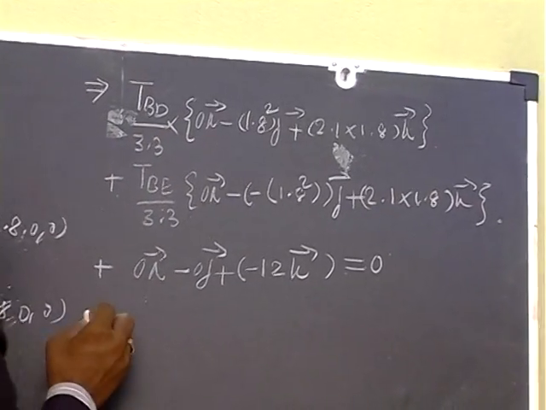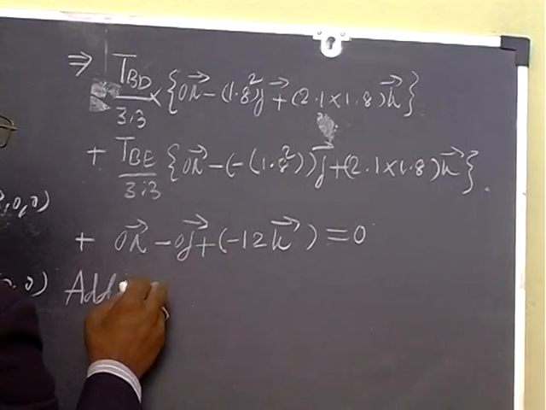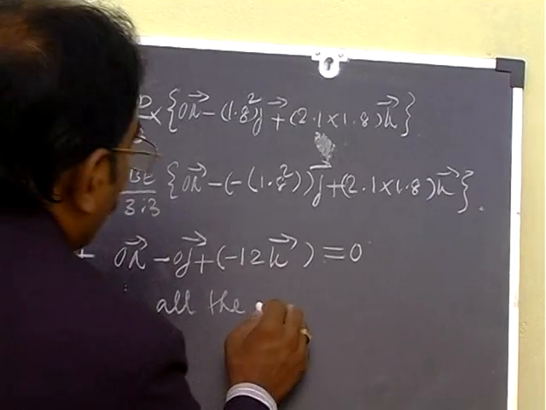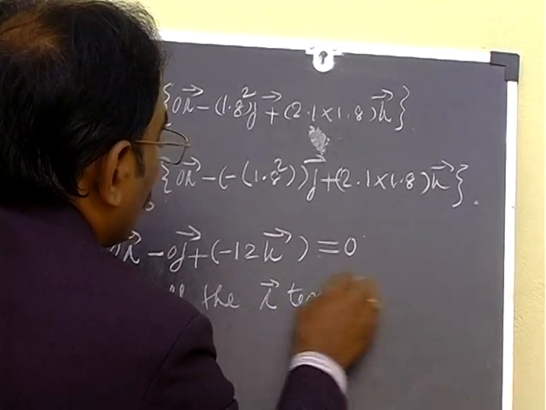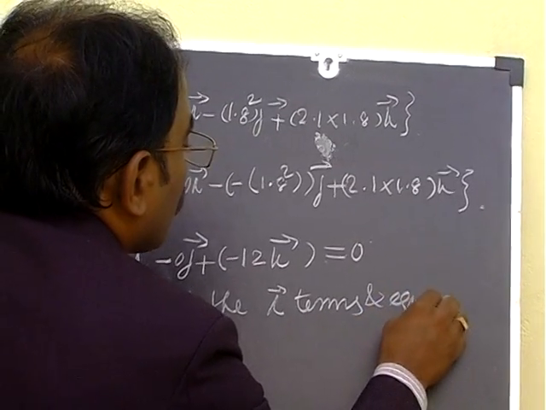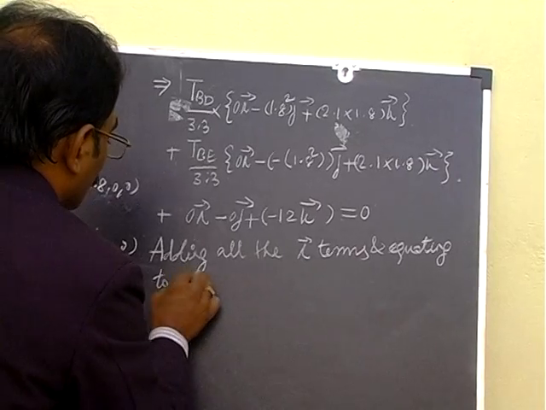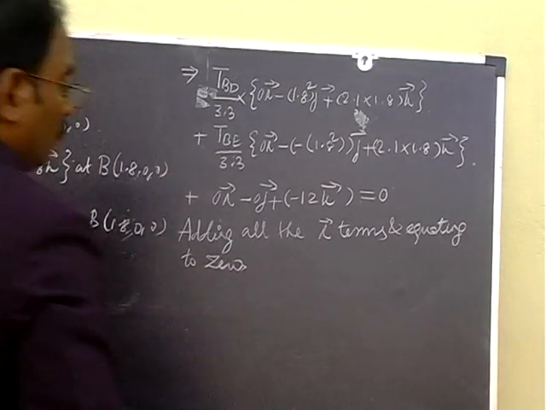So adding all the i terms and equating to 0, we get one equation.